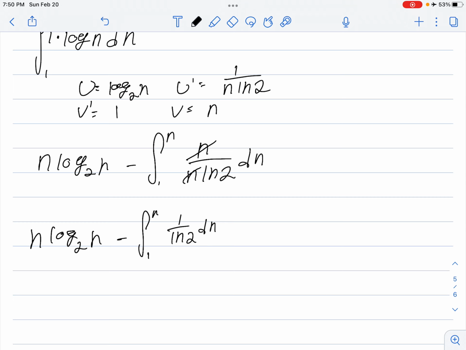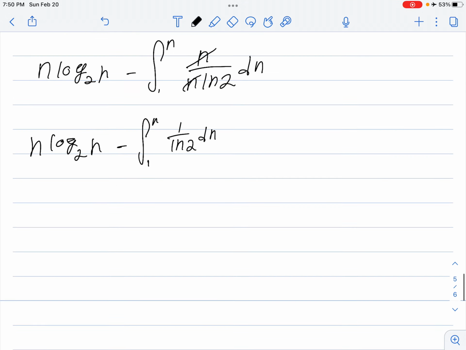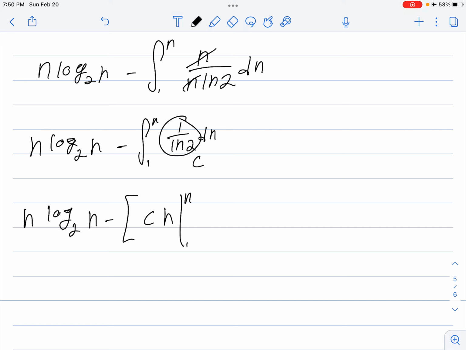It has no n term, and we know this is just a constant. We don't really care what the constant is, right? So if we were to solve this out, let's just call it c. C n from 1 to n, and then top minus bottom, so cn minus c, okay.